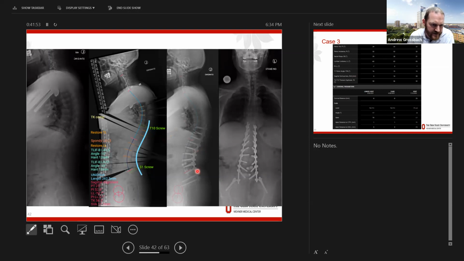You can tell here, just looking back at that intraoperative film, she was way more lordotic laying on that Jackson table than she is when she stands up here. So I think this is one where that patient-specific implant really helped me to say, I have too much correction here, too much lordosis. We need to take some of that out and reduce this up to the rod to try and keep her in good sagittal balance.